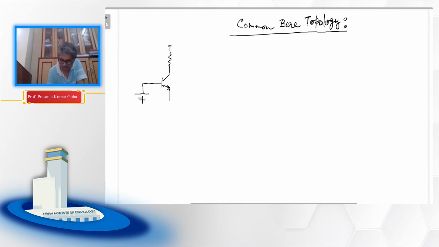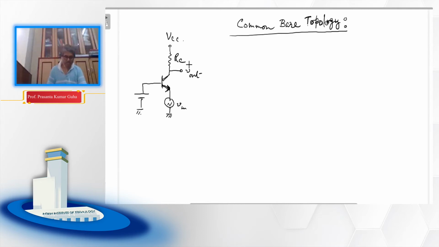So your base is basically AC ground, whereas you apply your input signal at the emitter, and you have your output signal at the collector. Okay, this is your VCC. So this is a common base configuration where the base is AC grounded and is in between your input and your output.